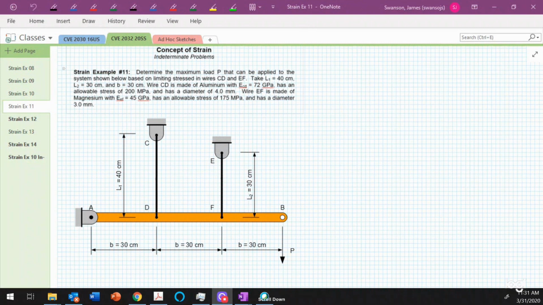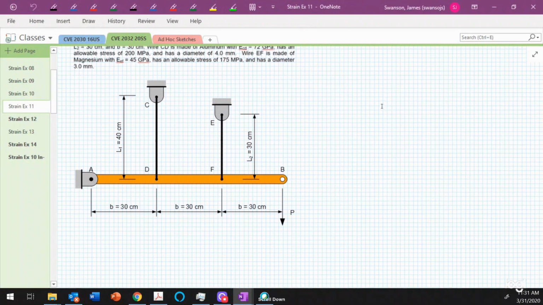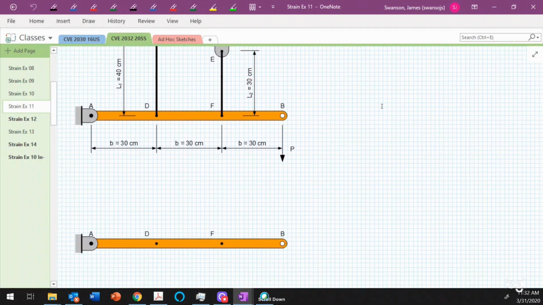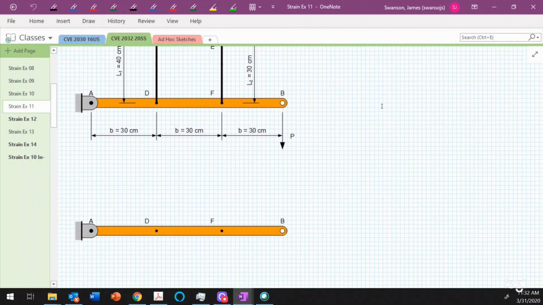So the first thing I'll do with this problem is take a look at a free body diagram of the rigid bar. With the rigid bar, what we can do is recognize that there is an externally applied load P out here. There is a member force in this wire here, going to be called P sub EF.